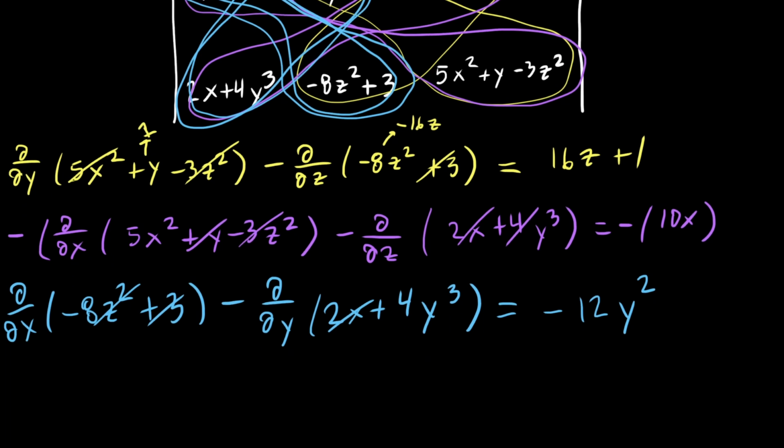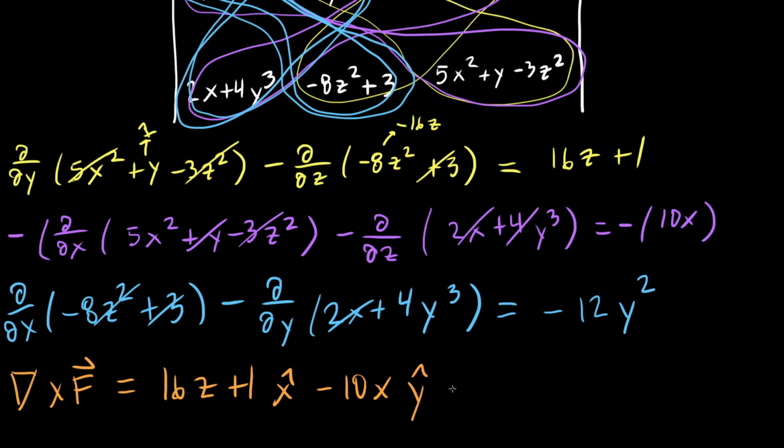So the full solution will be (16z plus 1) x hat minus 10x y hat minus 12y squared z hat.